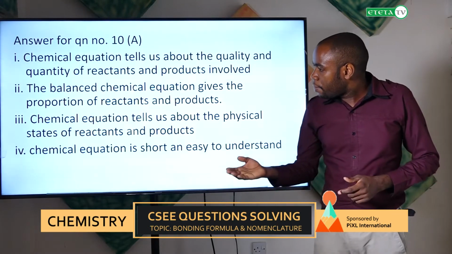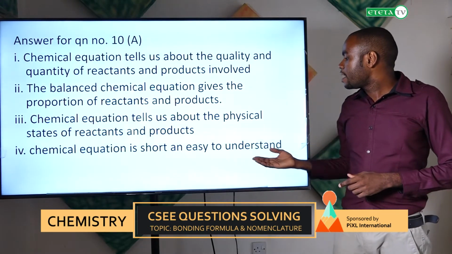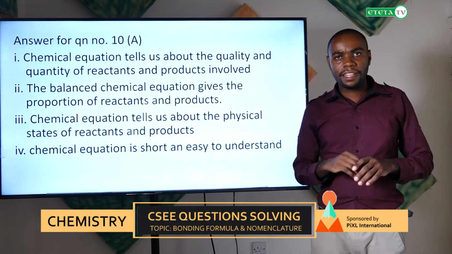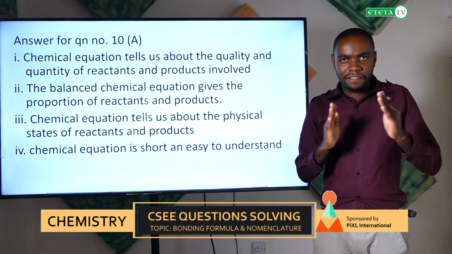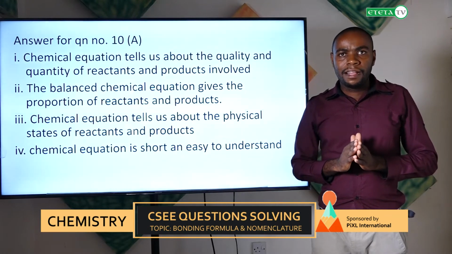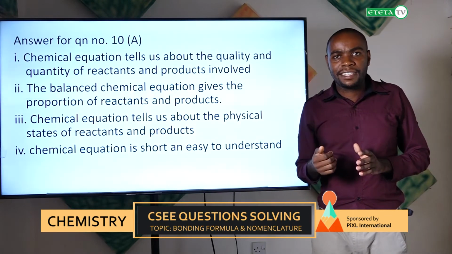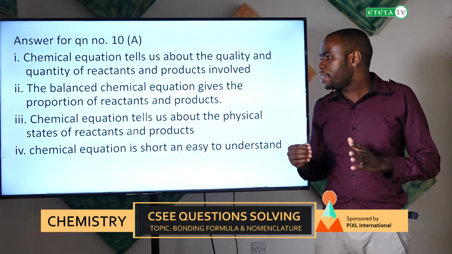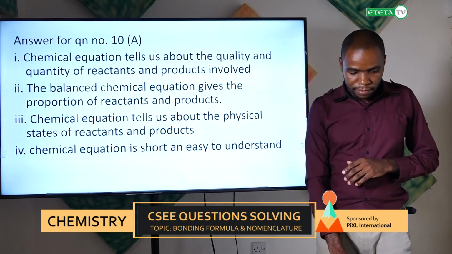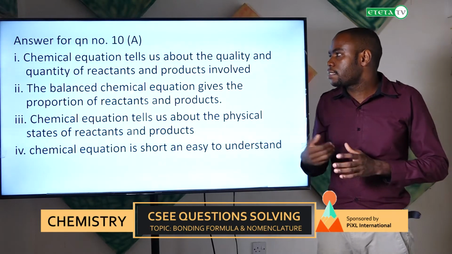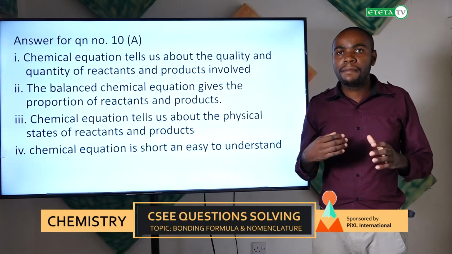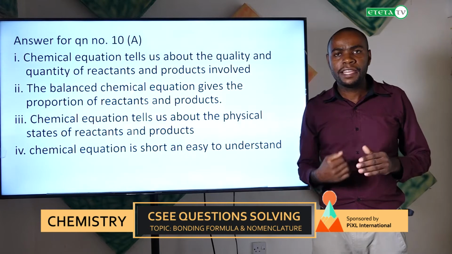Also, the chemical equation is short and easy to understand. It takes a very small space, and it is easier to understand than the word equation. So these are the advantages of using the chemical equation over the word equation.